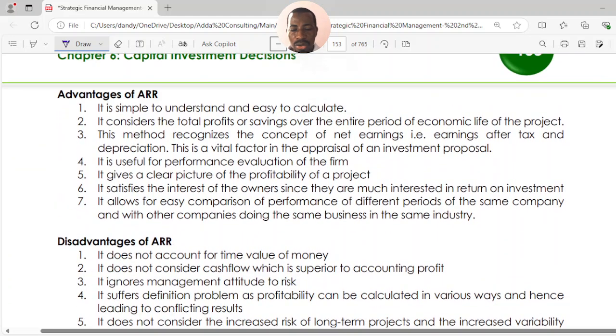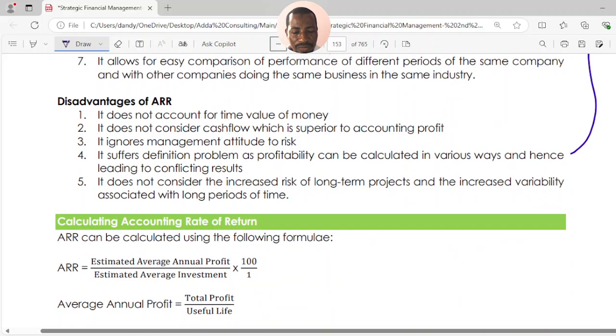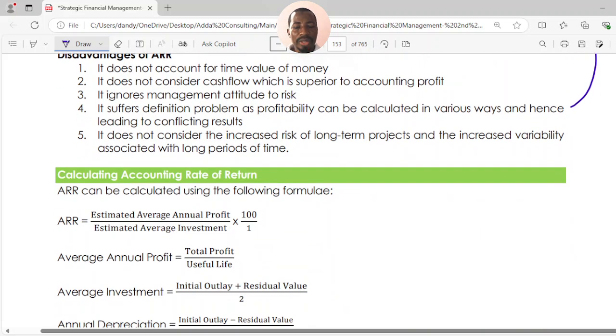Please do well to read the advantages and disadvantages of ARR. They are very straightforward. So how do you then calculate accounting rate of return? To calculate accounting rate of return, the first thing that you need to do is to calculate annual depreciation. That's the first working that you are going to do.